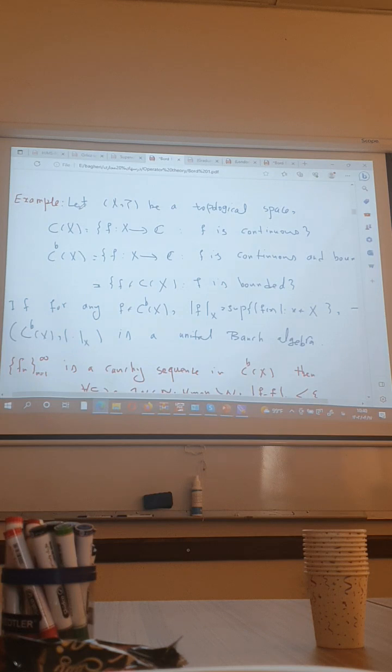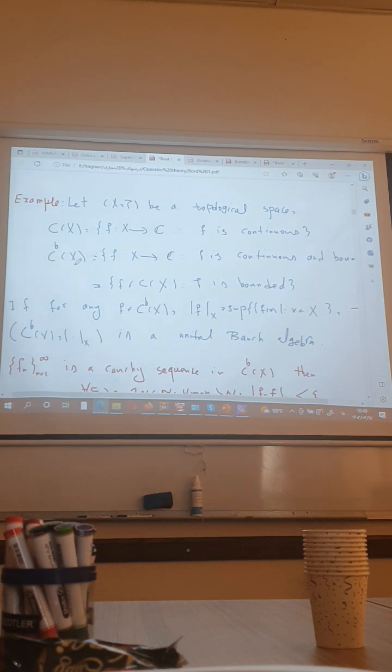So you see that at first we assume that X and tau is a topological space, because we must talk about continuity. The set of all f from X to C such that f is continuous. Because we know that X is a topological space and C is a topological space, we can talk about continuity.